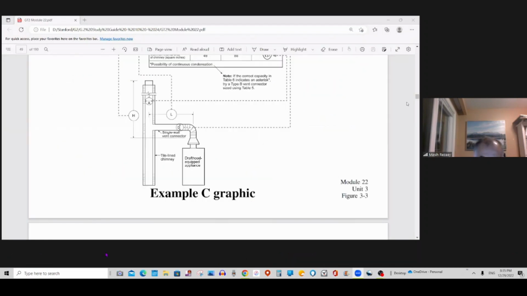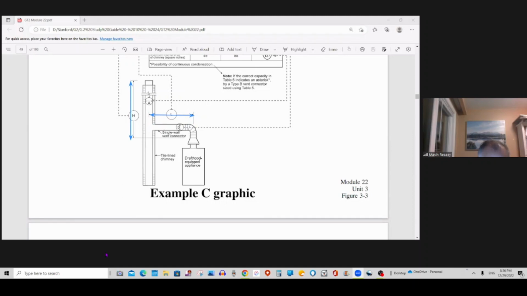Everybody see this? We have the height from the termination to the flue collar. This is the height of the chimney, the same as type B. For a single appliance, we have the lateral, L, from where it connects to the center connection.